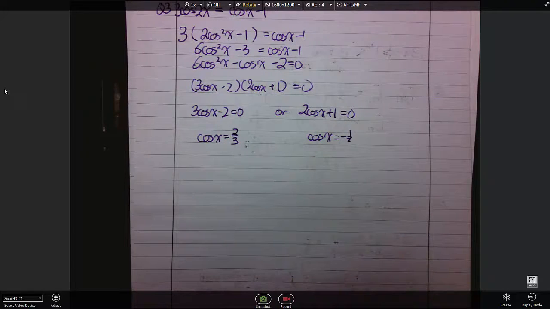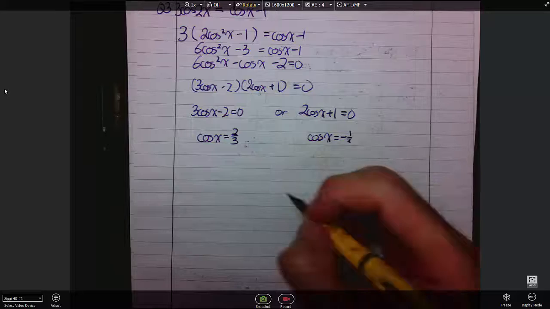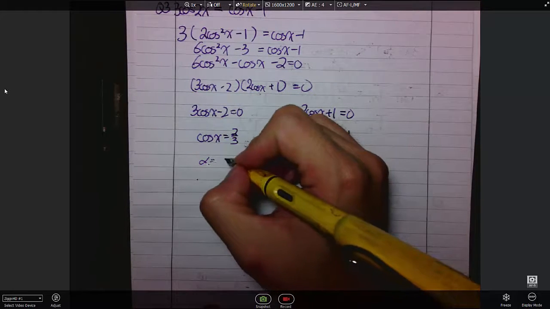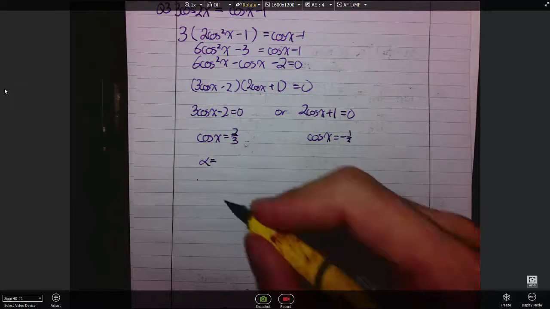Here, if you inverse cosine, you should get your basic angle as 48.2, if I'm not wrong. Let me just try. Inverse cosine of 2 over 3 is 48.189.